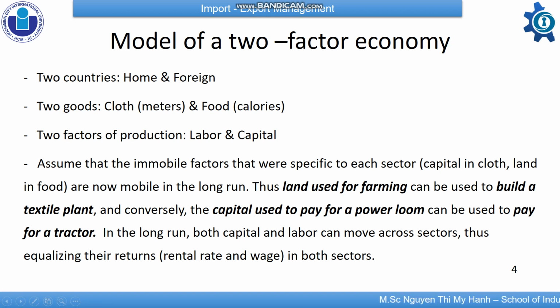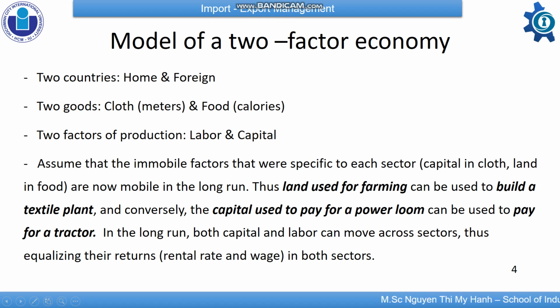The difference is that we no longer assume the factors are immobile and specific to each sector. For example, the capital in cloth and the land in food are now mobile in the long run.